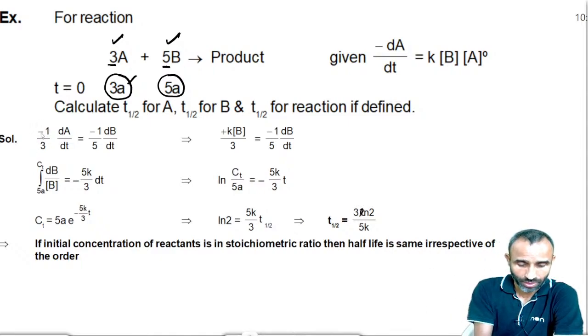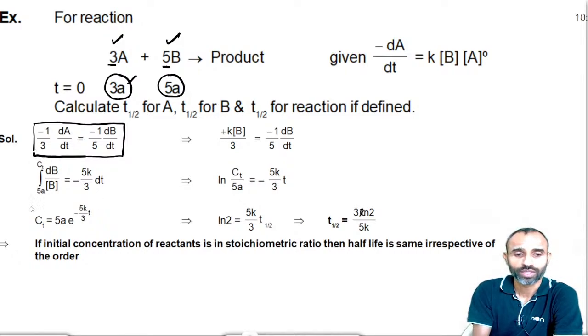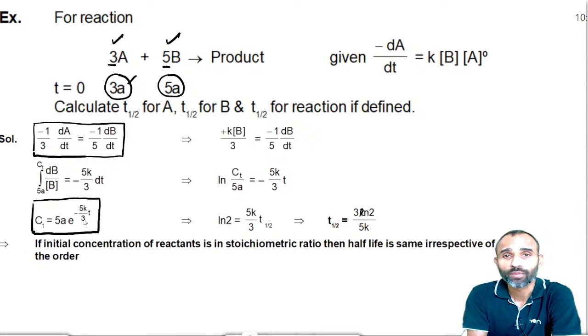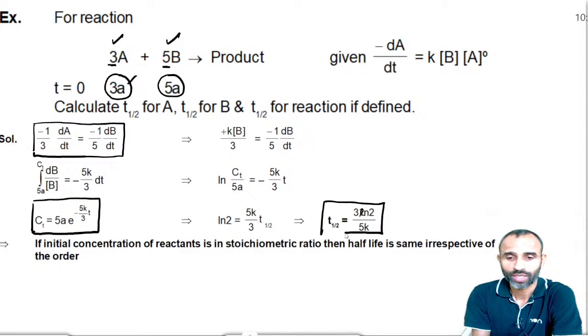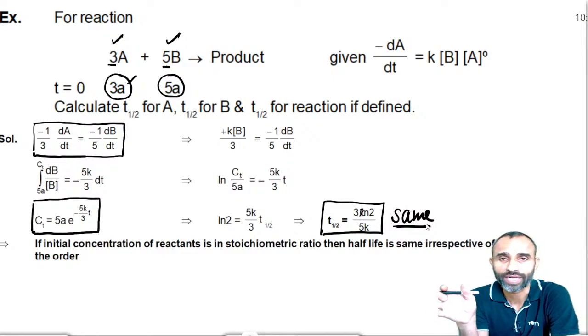See, rate is minus 1 by 3 dA by dt, minus 1 by 5 dB by dt. This way, A comes out to be a naught e raised to power minus 5kt by 3, and half-life is 3 into natural log 2 by 5k, and that is same for all the reactants as well as the reaction.